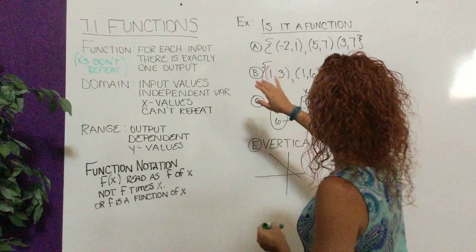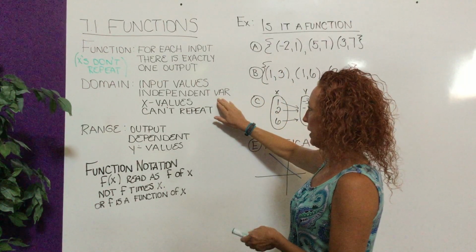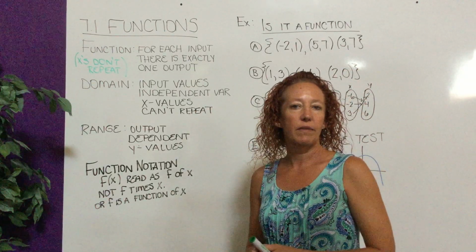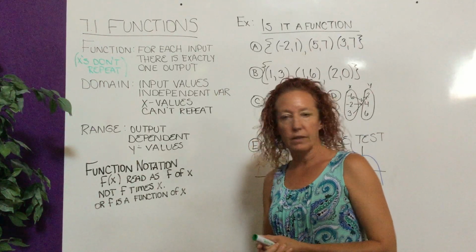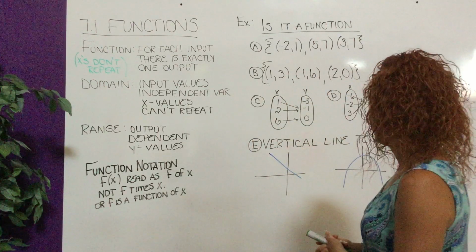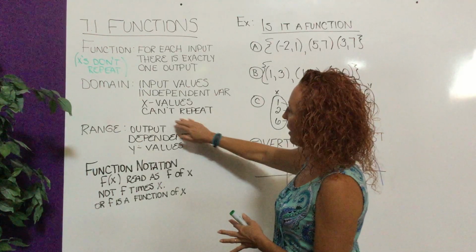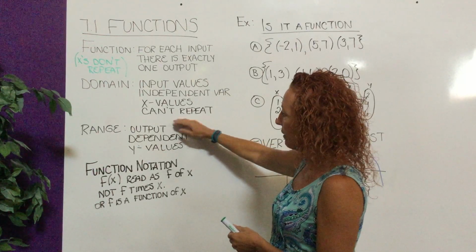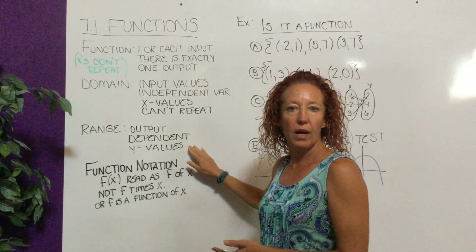So the domain is the input values. It's also known as your independent variable. Typically, it's x. A lot of times when we have an application problem, it's time. Time is always an independent variable given the choice. And the x's can't repeat. Your range is just the opposite of all of that. It is the output values, it is the dependent variable, and typically it is the y values.